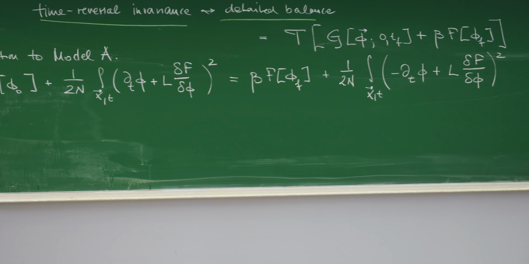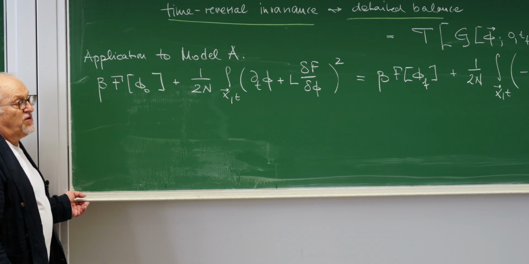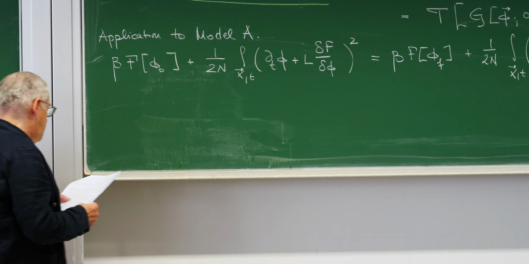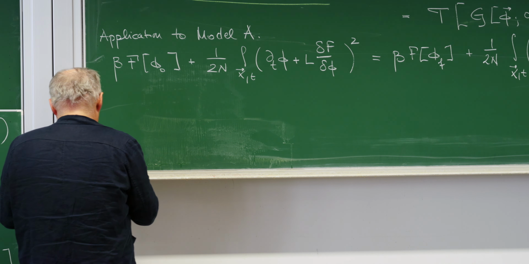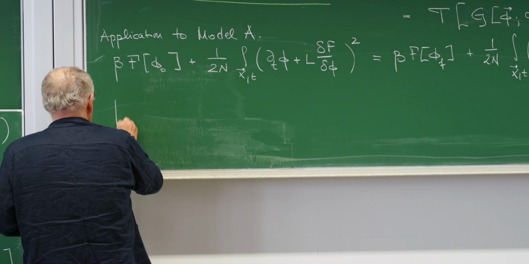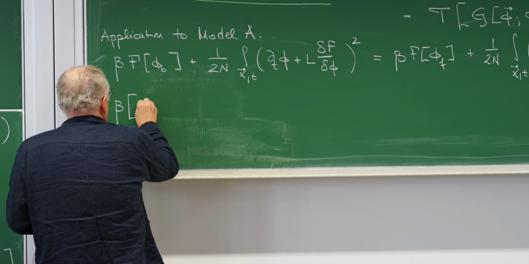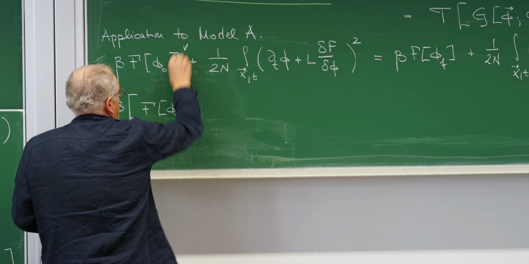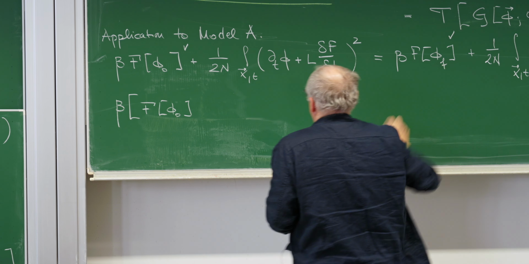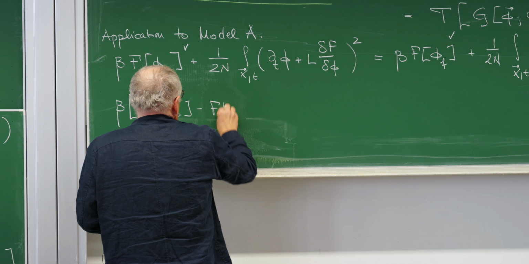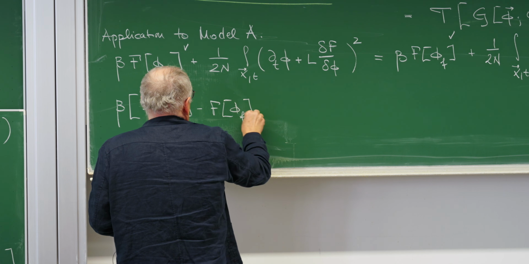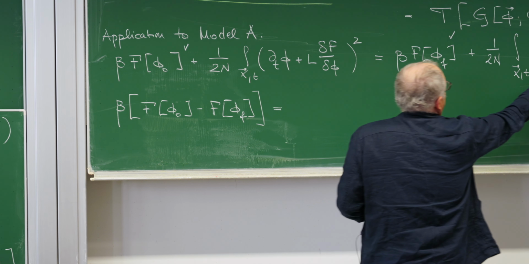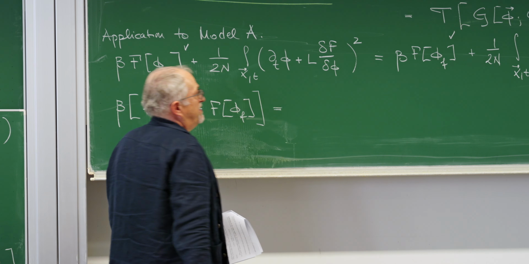Okay, this has to be equal. You can square this all out, and then you can cancel a lot of terms. And you can then write this in the following form: beta times the free energy functional of phi naught, minus the free energy functional of phi f, is equal to this right-hand side minus that one.